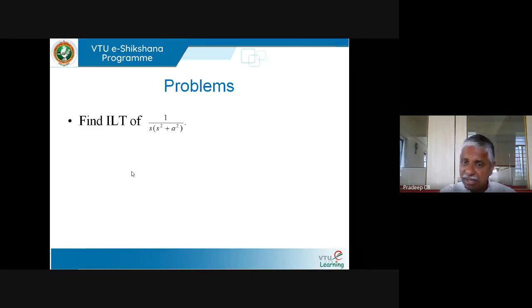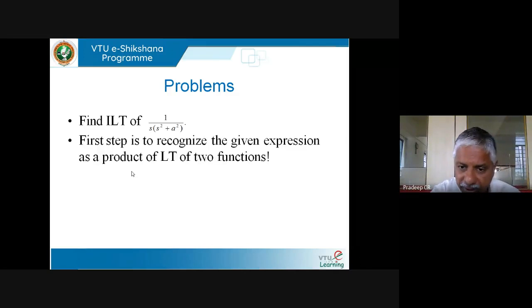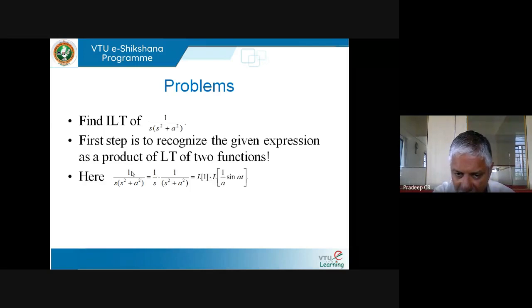Alright, but the 1 by a and sine at, I'm sure you can manipulate that now. So that's the first step, to recognize the given expression as a product of Laplace transforms of two functions. So as I told, 1 by s into (s square plus a square) is 1 by s into 1 by (s square plus a square), which is the same as saying Laplace of 1 into Laplace of 1 by a sine at.